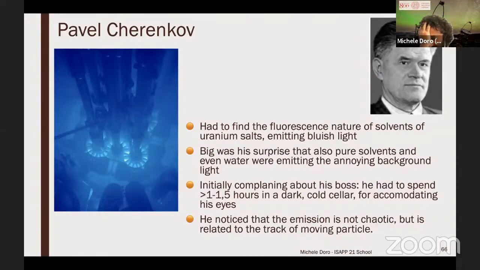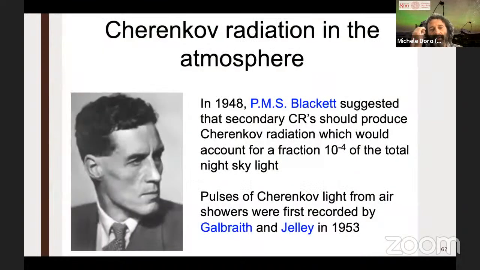The material was emitting bluish light, and the study was really hard because there was no detector, so you had to judge these blue flashes by eye and count them by eye, and you had to spend 1.5 hours in a dark cellar, without light, to accommodate your eyes. At the end, he discovered that this emission was not chaotic, but was related to particles moving in the material, tracks of particles. That's the birth of Cherenkov light, which I hope you studied during your courses.